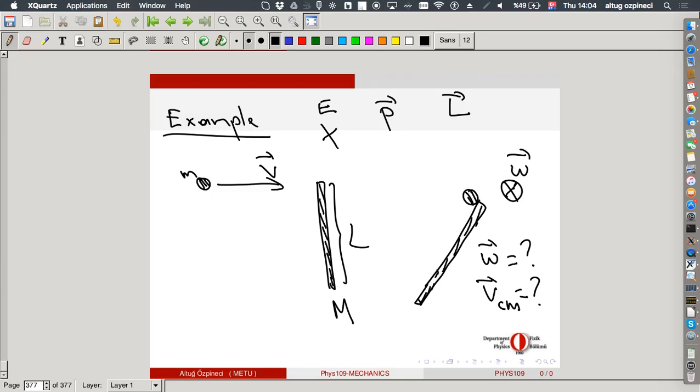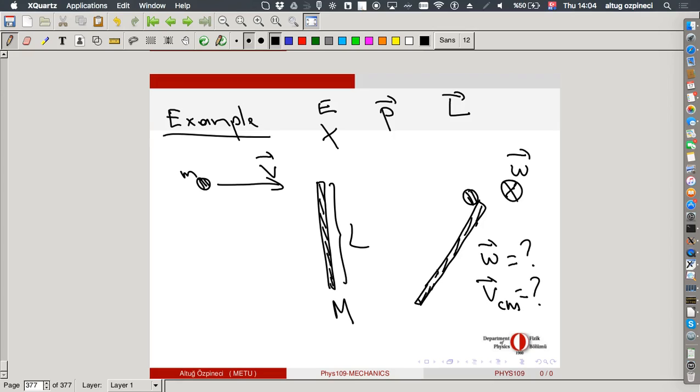Is linear momentum conserved? Why? The system is isolated. You see, the total momentum of a system changes only if there is an external force acting on the system. If you look at this system, the momentum of this ball is not conserved, it changes.